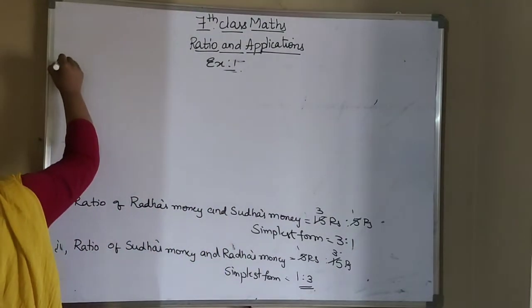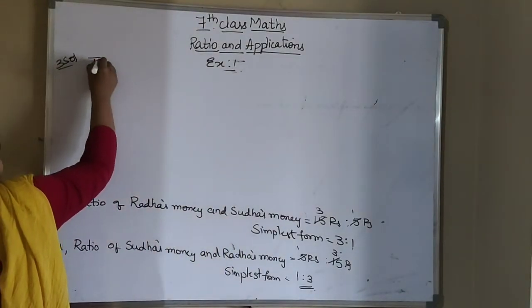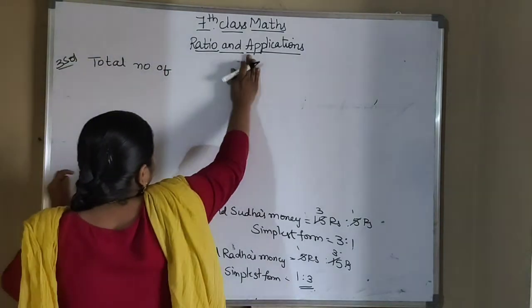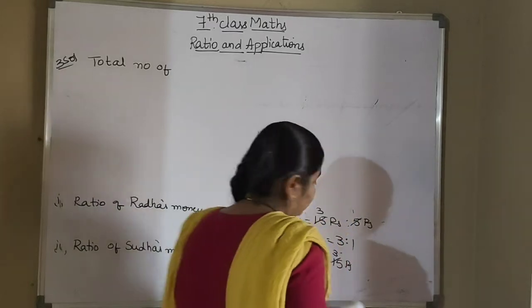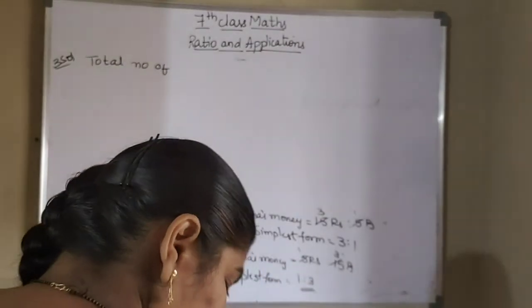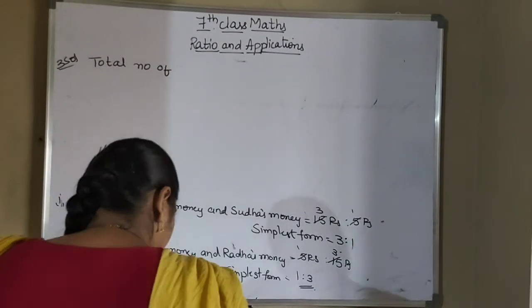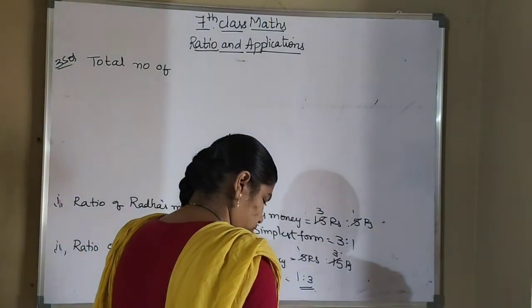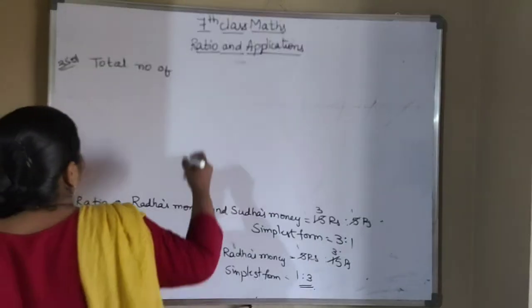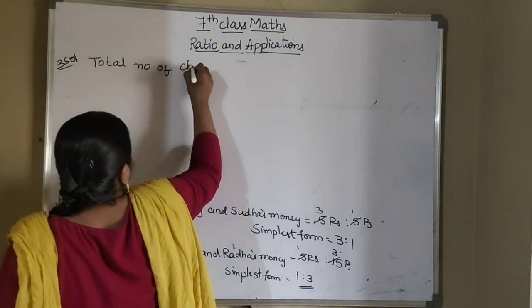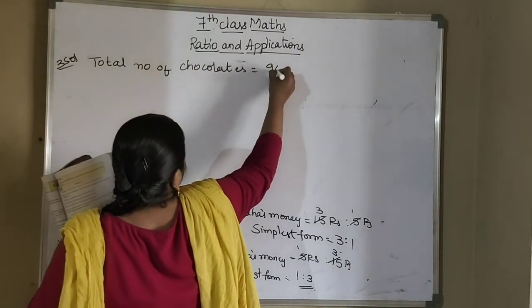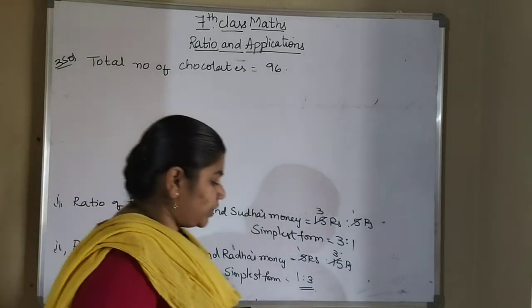Total number of chocolates is equal to 96. And what is the ratio?